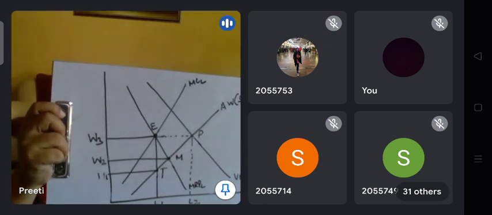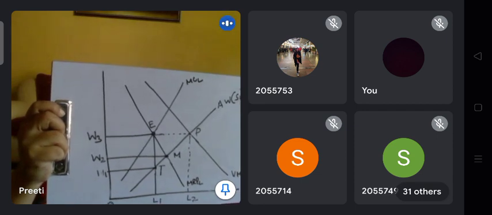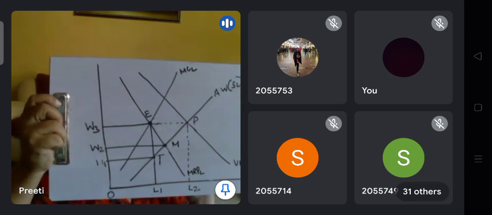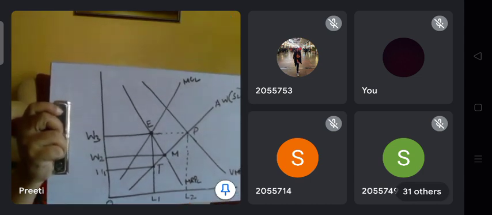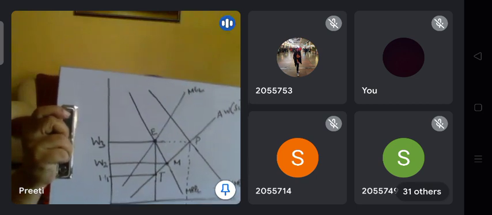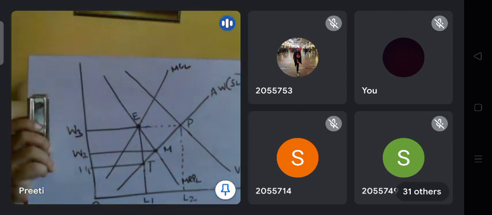Monopoly in the commodity market, or product market, it is the same thing, and perfect competition in the factor market or labor market. So the market demand curve for labor, what will it be here? The demand curve for labor will be MRP.